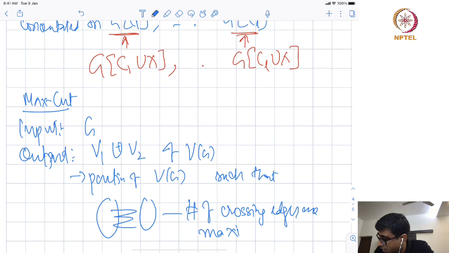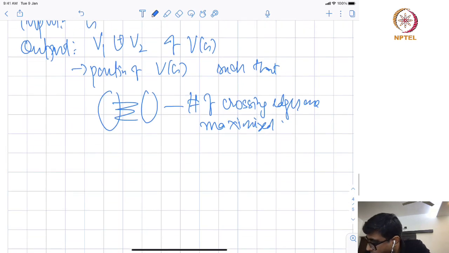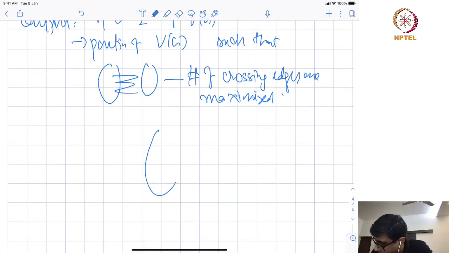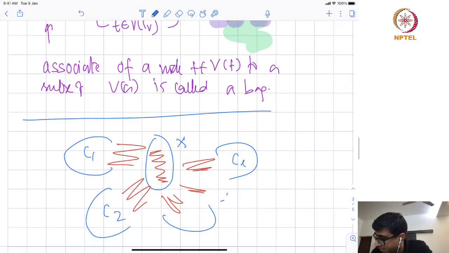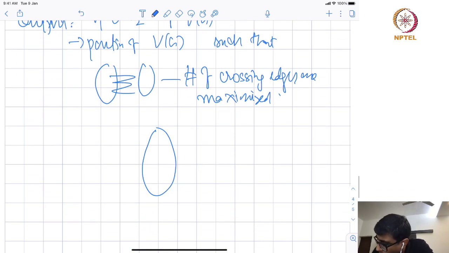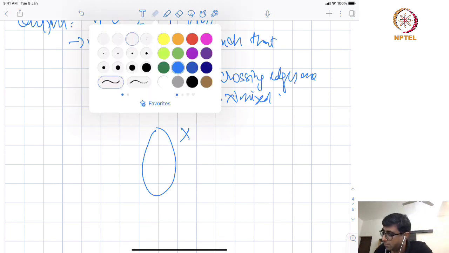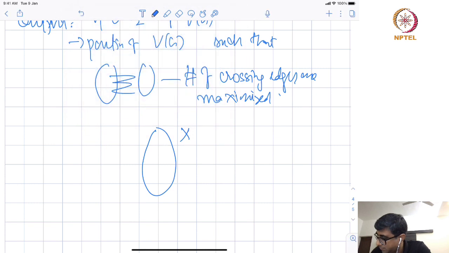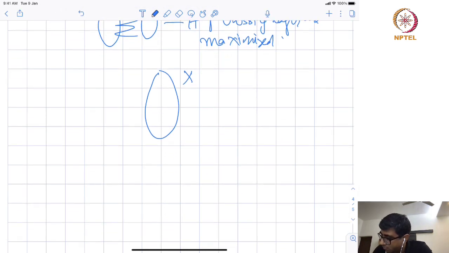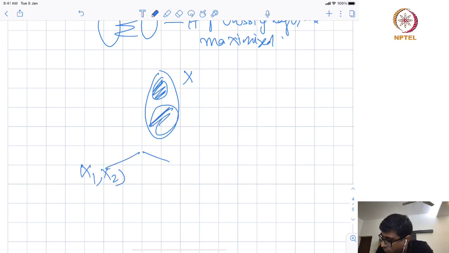This is the classical max cut problem. Now, if you find a set X here, what will be the natural way of branching? Look at an optimal partition. In one part it could be this, in the other part this. So this is basically going from x1, x2 to x1 prime, x2 prime, basically 2 to the power mod X ways of partitioning.